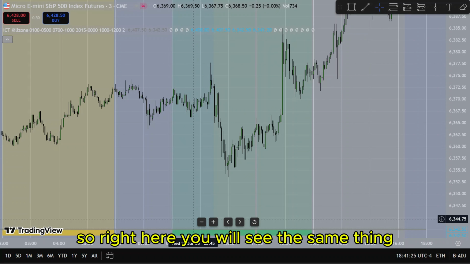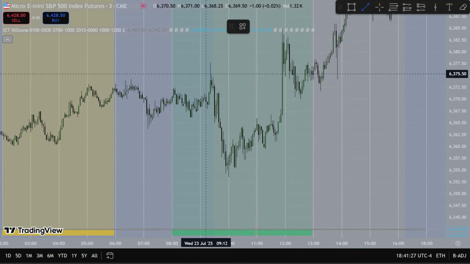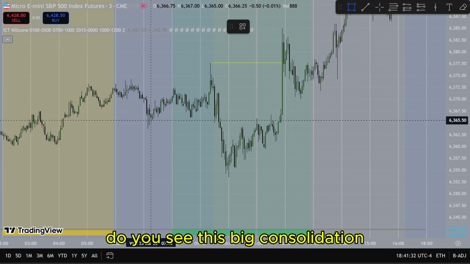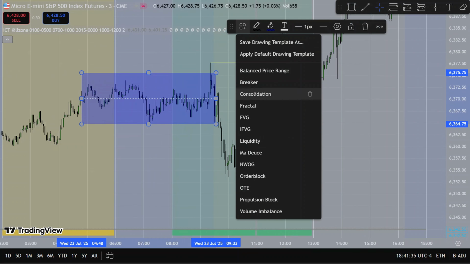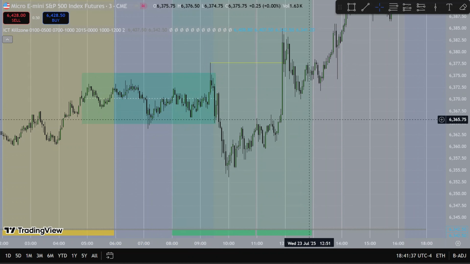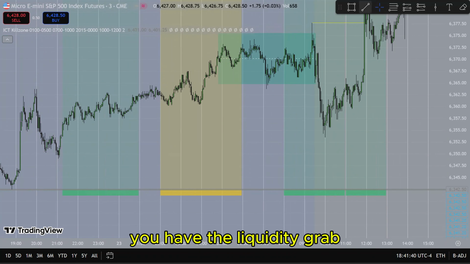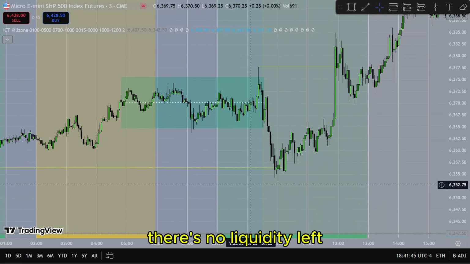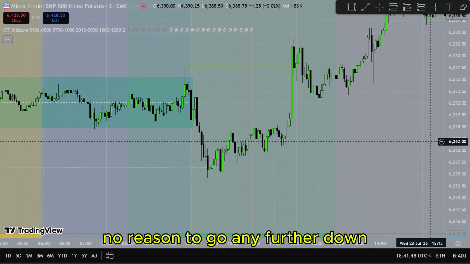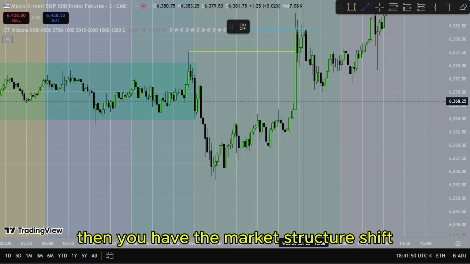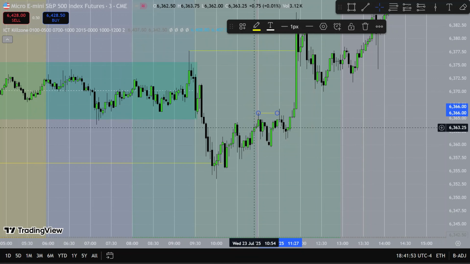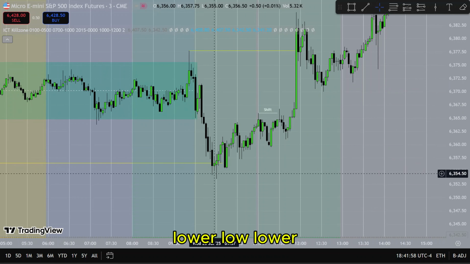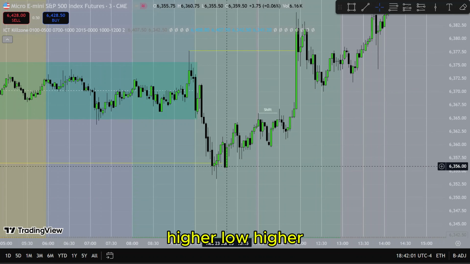So right here, you will see the same thing. You have the liquidity pool here. Do you see the big consolidation? Then you have the downwards movement. You have the liquidity grab. Took out all the liquidity. There's no liquidity left, no reason to go any further down. Then you have the market structure shift. You see the shift from low, lower high, lower low, lower high, higher low, higher high.